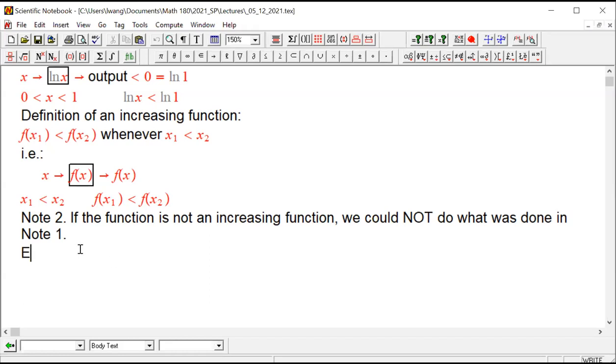Examples. Okay, for example, if sine of x is less than root 2 over 2.